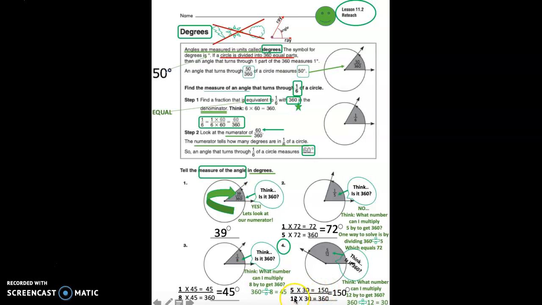The same applies for the bottom. 12 times 30 equals 360. There's our magic number again. Now that we have 360, I can look at my numerator. My numerator is 150. I know that equals 150 degrees. So 5/12 of my circle is equal to 150 degrees.